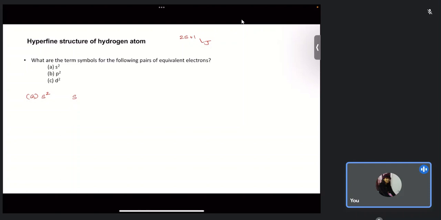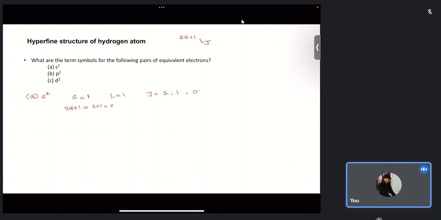So it has 2 electrons. S is going to be 1. L is equal to 0 because it only fills up the s orbital. Then J is going to be L plus S till L minus S.